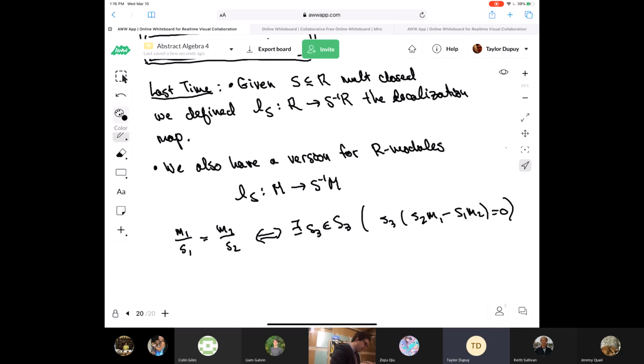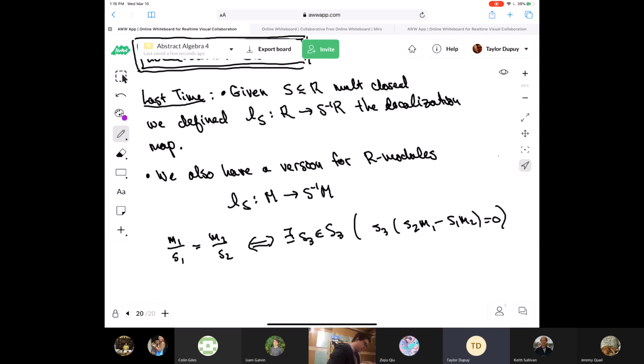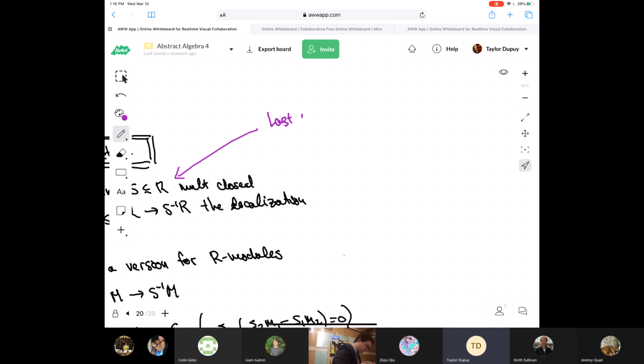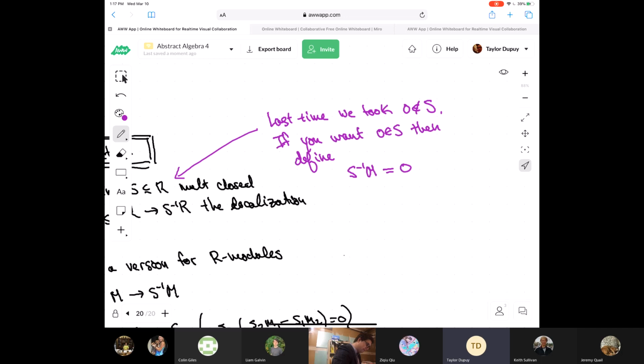A quick comment here is that last time I took 0 not an element of S, but if you want to allow 0 to be an element of S, then define S inverse of M to be equal to 0 for all M. Or you can try to get this property from the definition.